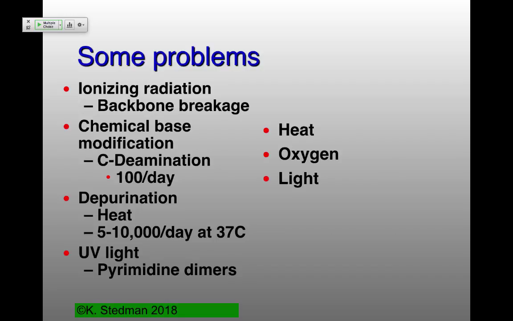How do you end up with mutations? One is why you don't want to be too close to places like Fukushima. Ionizing radiation is actually a really huge problem because what it does is it ends up breaking both of the strands of your DNA, so you don't end up with that extra backup copy.